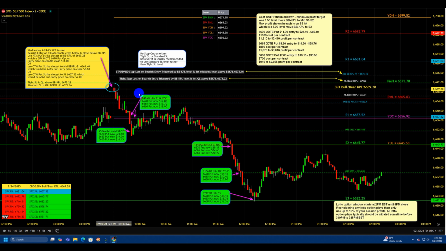Thinkorswim is a very popular trading platform that a lot of people use. However, it's not necessary to use that platform. We're simply showing it because they provide nice charts for options that can easily display the data box windows, and their interface for doing that is much better than TradingView's.